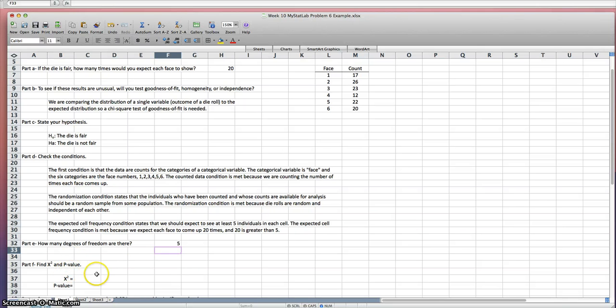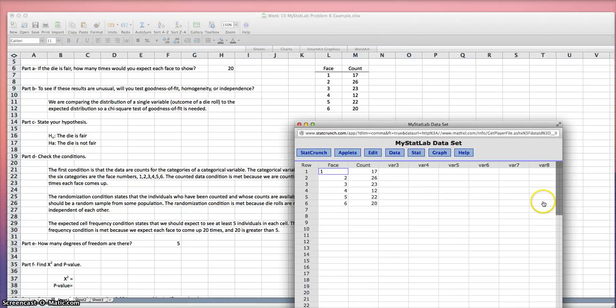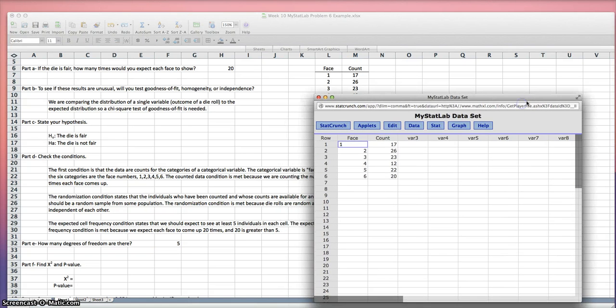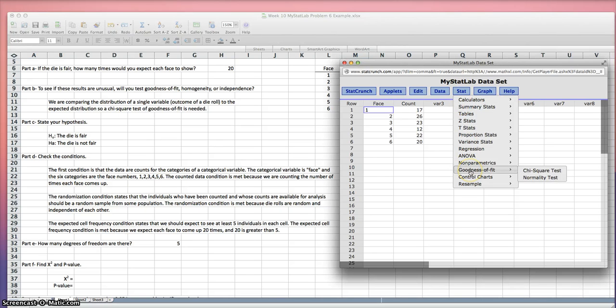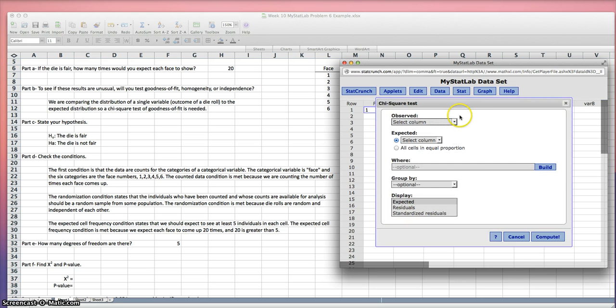Find the chi-square and p-value. For this, I'm going to let StatCrunch do that. I'm going to pull that up here. I've already pasted our counts in here so that we can do our calculations. This is very easy to do here. We're going to go to our stat tab, goodness of fit, which we said we were going to use for chi-square. Our observed column is going to be the counts, how many times we came up with each one.